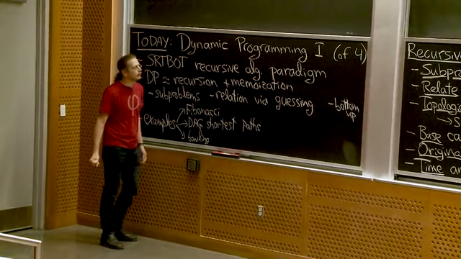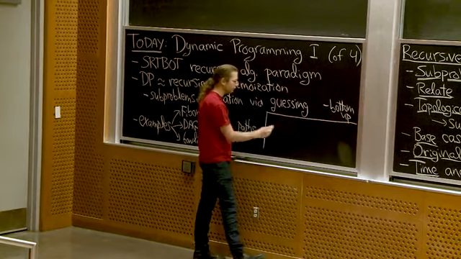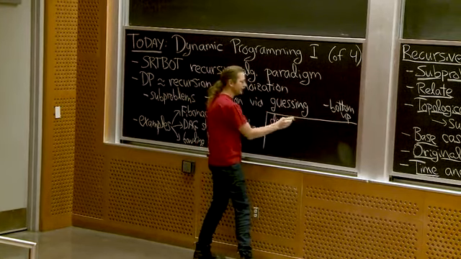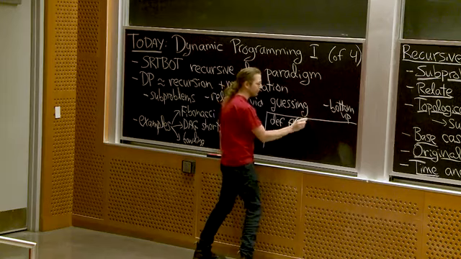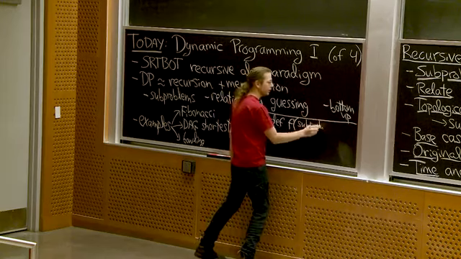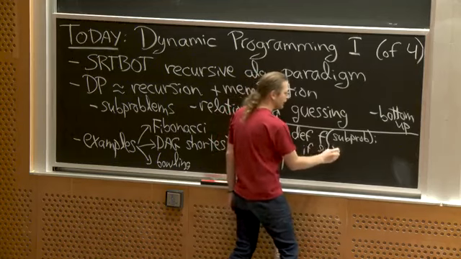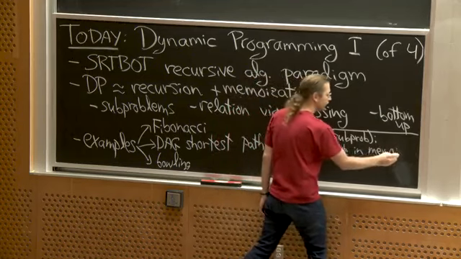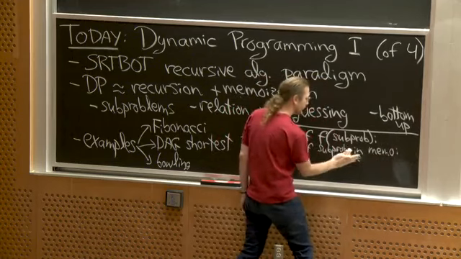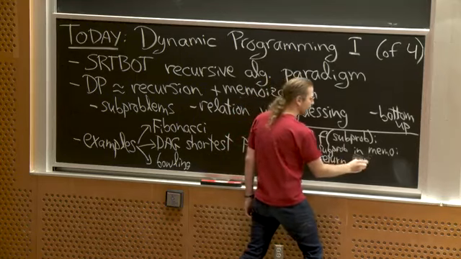We write a recursive piece of code, which is like def f of some args, some subproblem specification. We check, is the subproblem in the memo table? If so, return memo of subproblem.